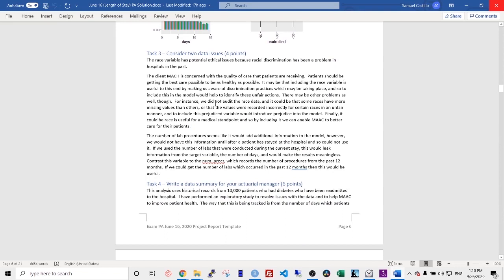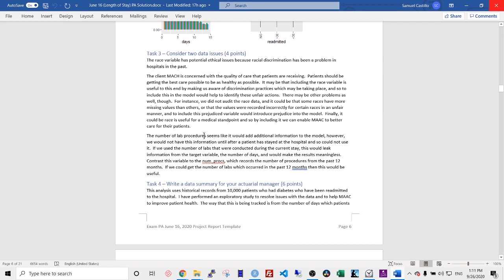In our answer, we said it could be that some races have more missing values than others, and so that would be a disadvantage to including it because it could cause bias in the data, and it could be useful perhaps from a medical or genetic standpoint by helping hospitals to improve the quality of the care for their patients. So if you give them a positive and negative, it's impossible that you could be wrong because either way, you have presented two sides to the issue. The same is also true for the lab procedures.